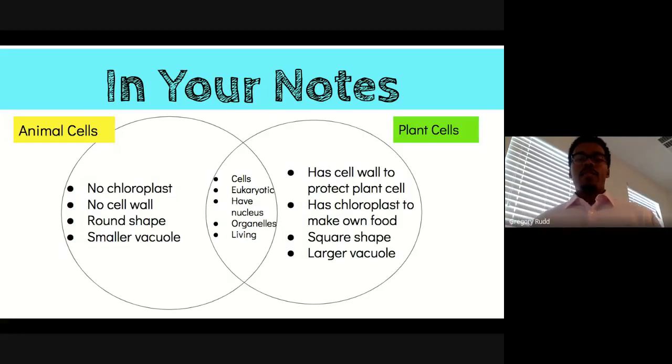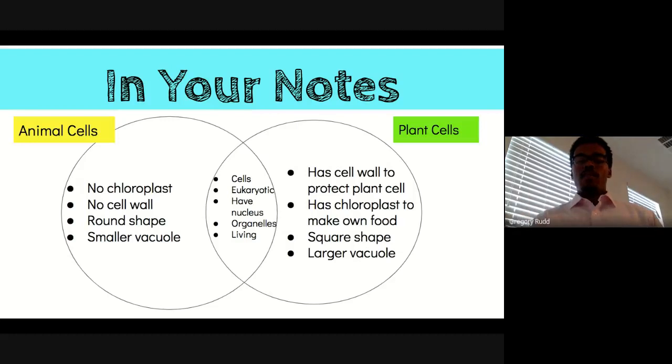We have special cells in our bodies called bone cells or osteocytes, which give our bodies a structure. So we don't rely on cell walls. Typically, animal cells have a round shape that can vary a little bit, but we also know that they have a smaller vacuole because the need to store water is not as great.